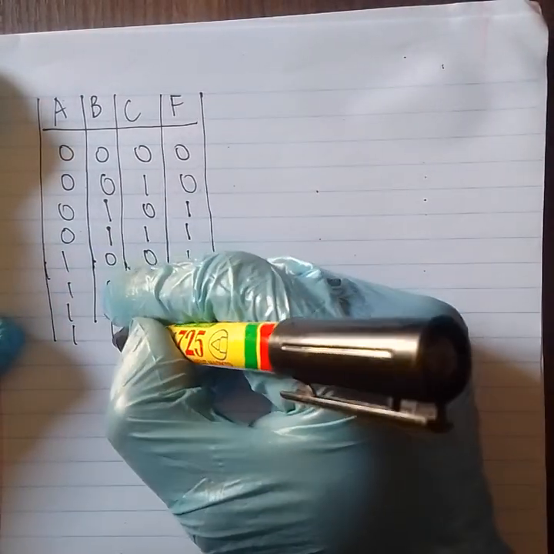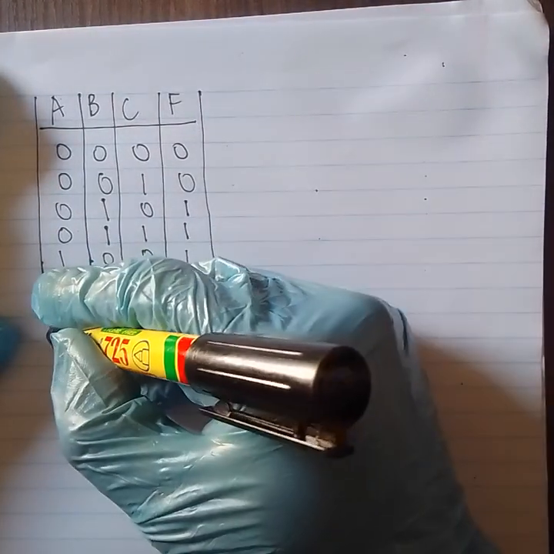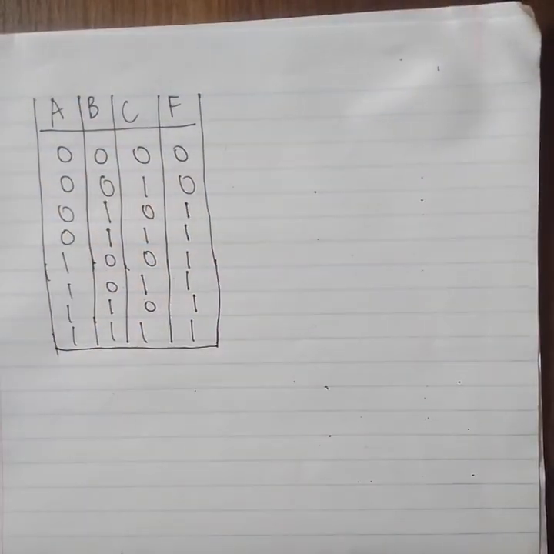And 1, 1, 1 gives 1. This is an example of a truth table with 3 inputs.